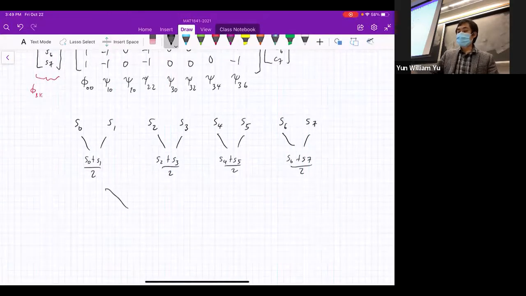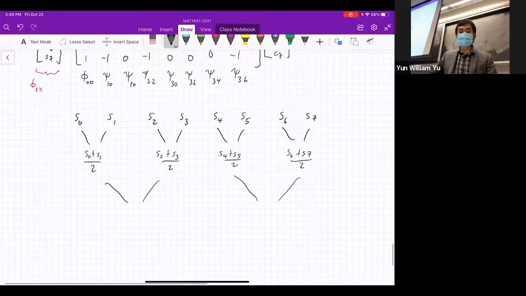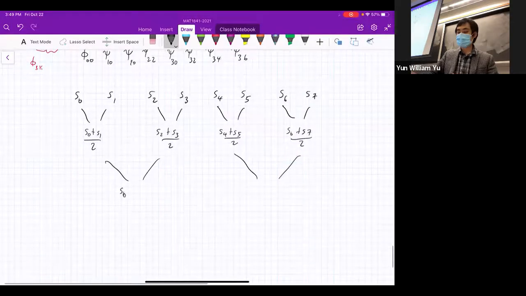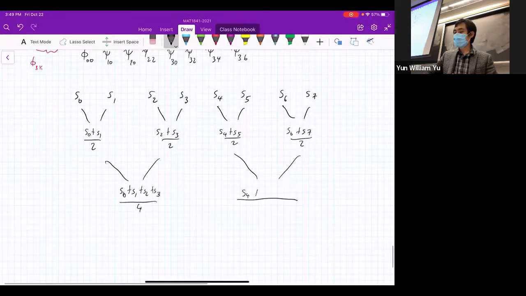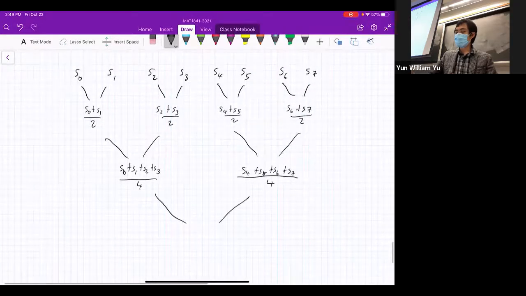And we're going to repeat until we get down to just a single term. This is going to be S0 plus S1 plus S2 plus S3 over 4. This one's going to be S4 plus S5 plus S6 plus S7 over 4. And lastly, you're going to get S0 all the way through S7 over 8.